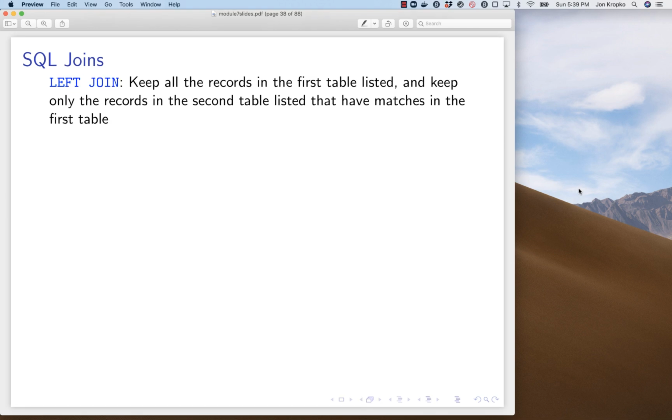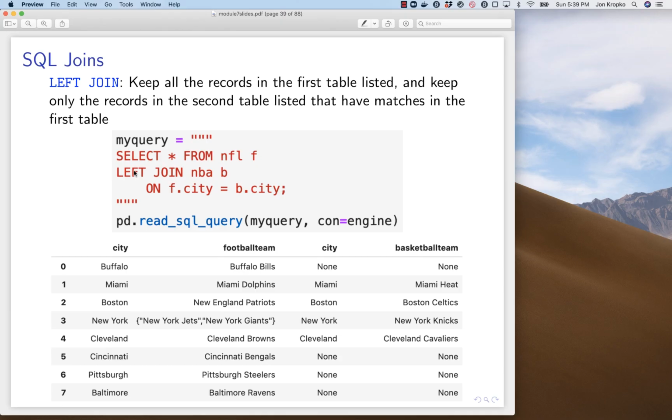Okay, a left join. A left join keeps all the records in the first table listed, but it only keeps the records in the second table that have matches in the first. So if I write left join instead of inner join, and I use the exact same query otherwise, it's going to include every single city with an NFL team, including, say, Pittsburgh, right?